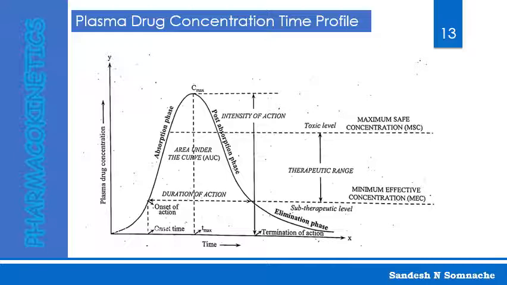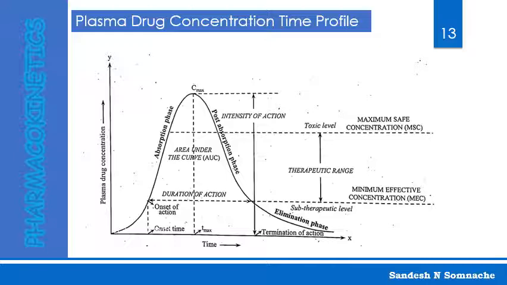There are levels of plasma drug concentration: maximum safe concentration and minimum effective concentration. Above the maximum safe concentration is the toxic level, while below the minimum effective concentration is the sub-therapeutic level.